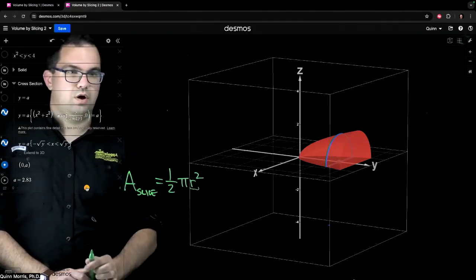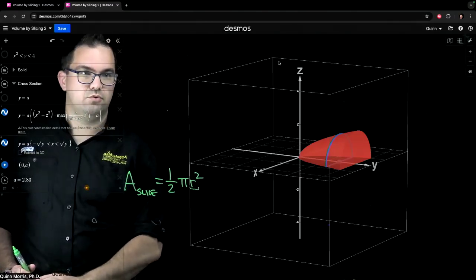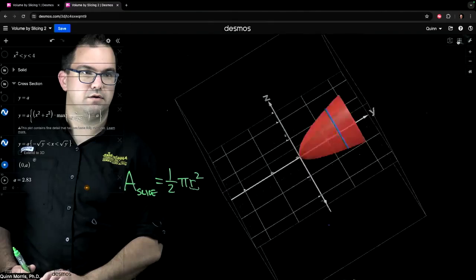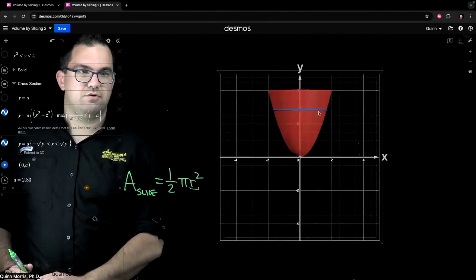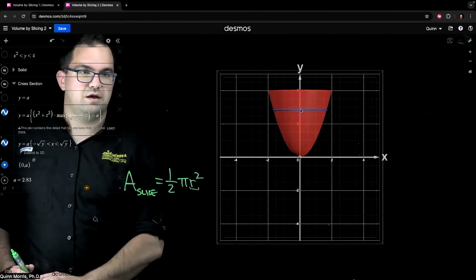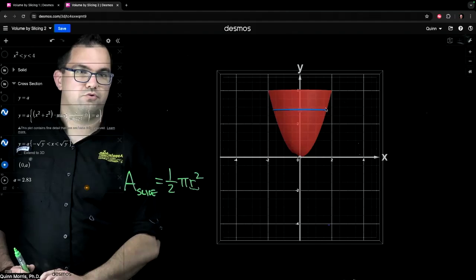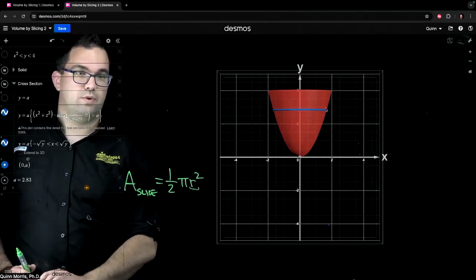Well, this is where it may be helpful to go back to the plane view. If I come back over here, this radius is really going to be the distance from the y-axis to the outside portion of the graph here. So it's really the distance from x is equal to 0, from the y-axis, to this curve, y is equal to x squared.